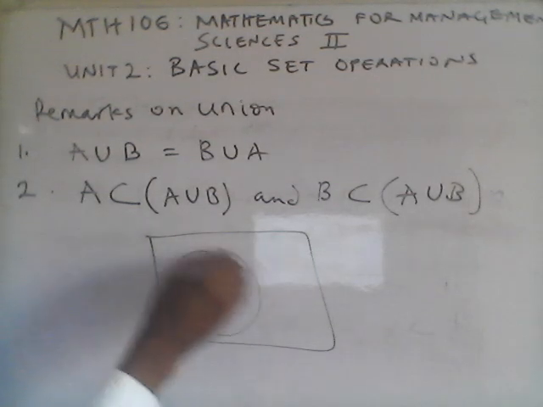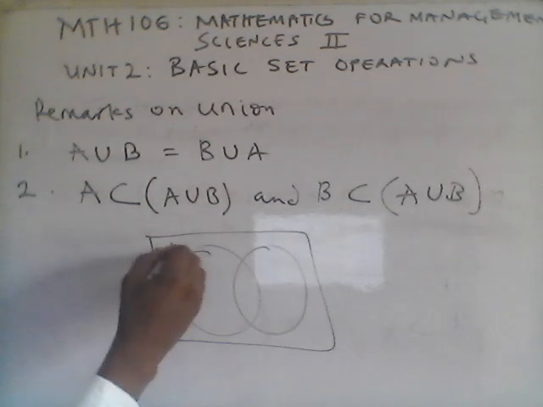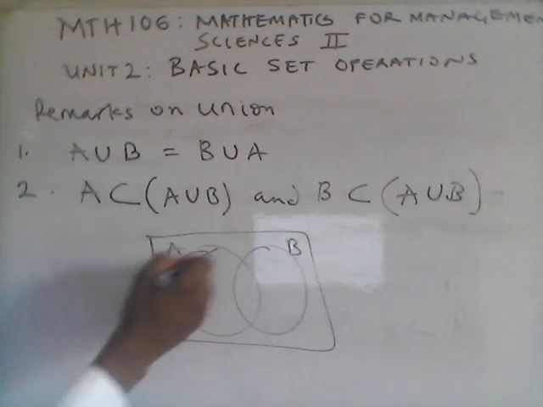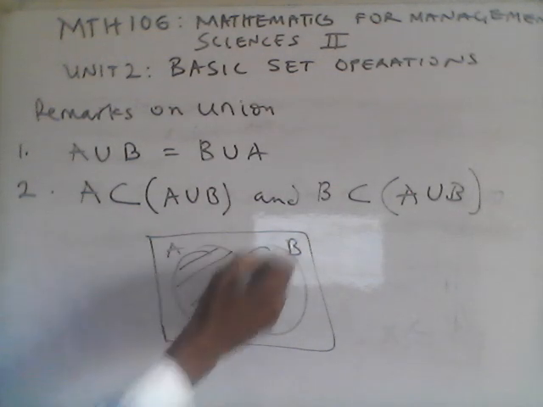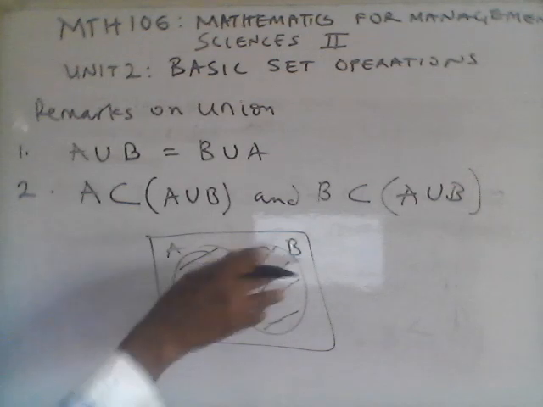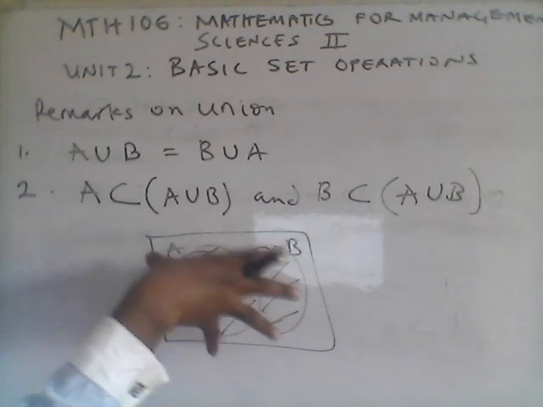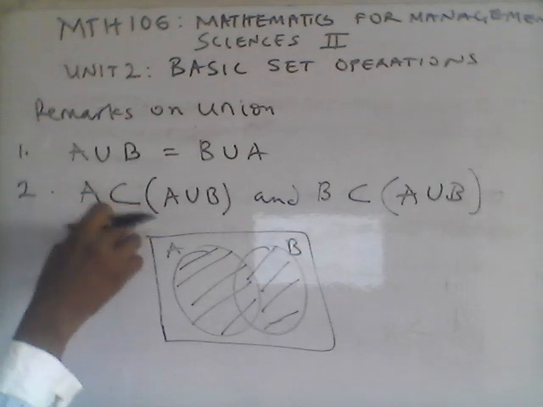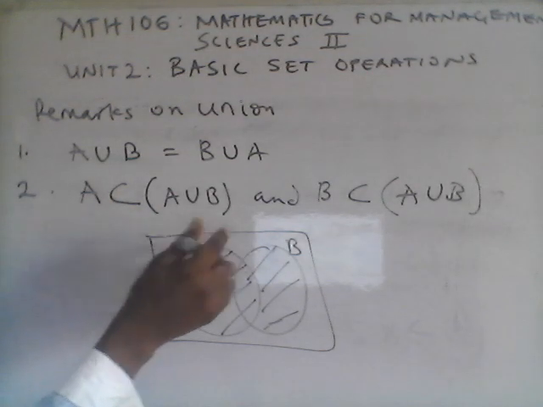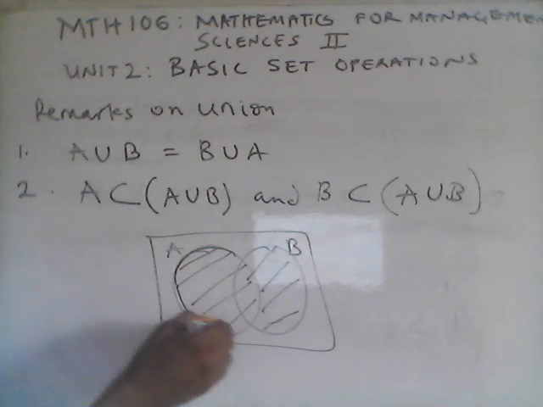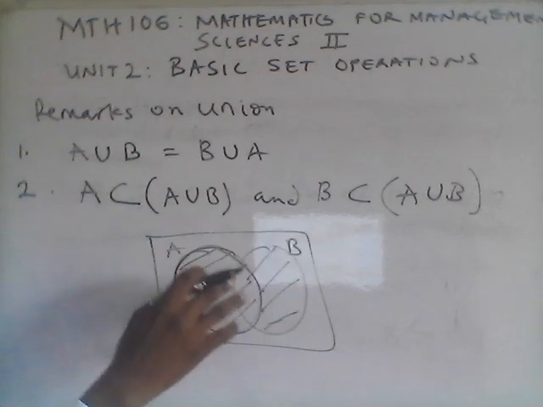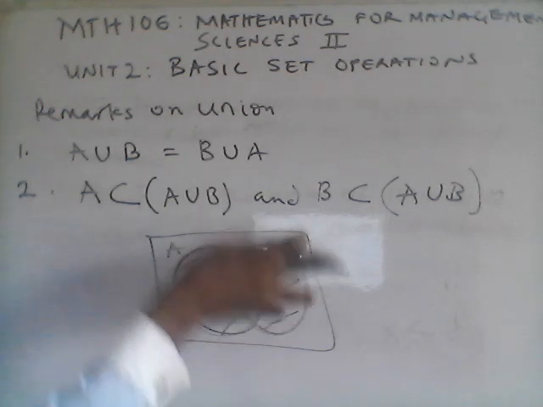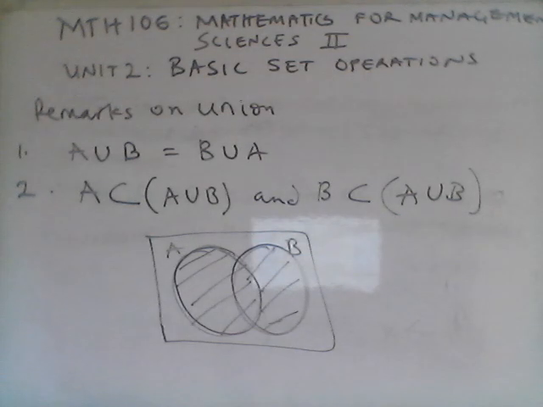This is A, this is B. A union B is this shaded part. Remember, I drew it before on Venn diagram. So this shaded part is a unit of itself. So A is a subset of this whole thing. And again, B is a subset of this whole thing. So those are the two remarks.